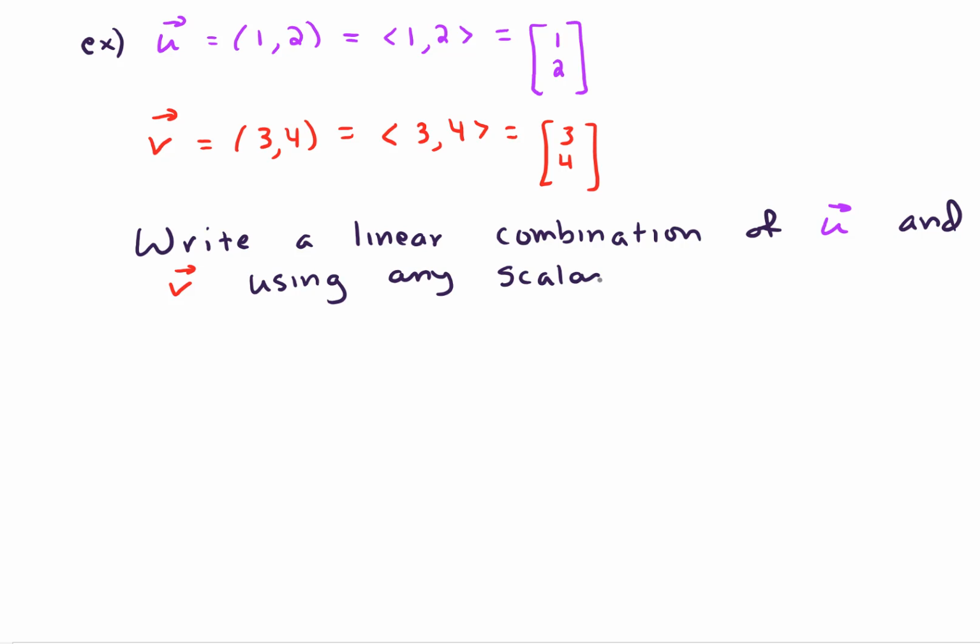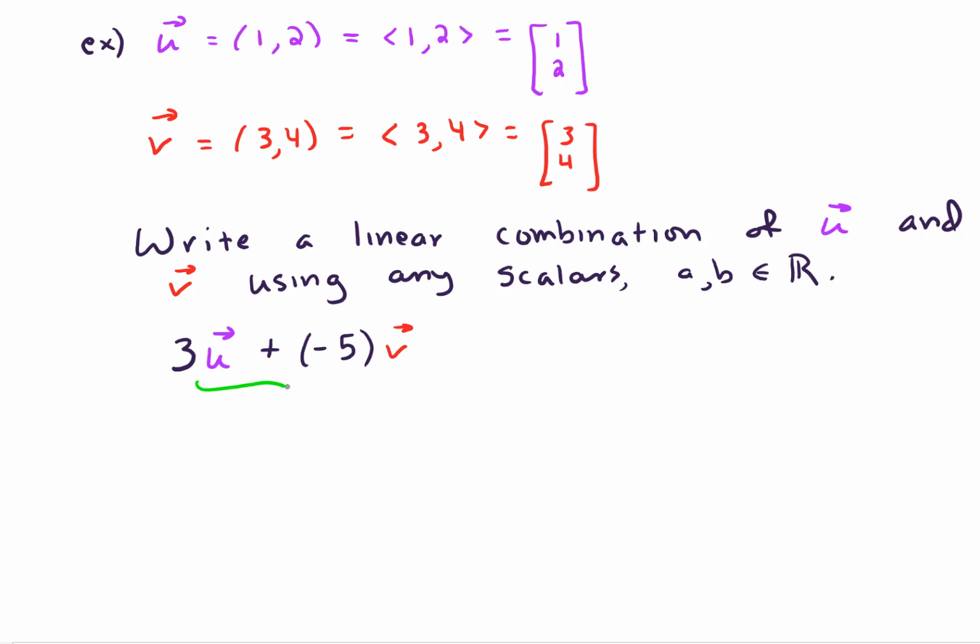Using any scalars, we'll say A and B are elements of the real numbers. So any real scalars. So lots of correct answers here. I'm in the mood for a 3, so I'm going to say 3U plus negative 5 times V. Negative 5 is a perfectly fine choice of a scalar. So we've taken a real number times a vector, another real number times a vector. That is a linear combination.